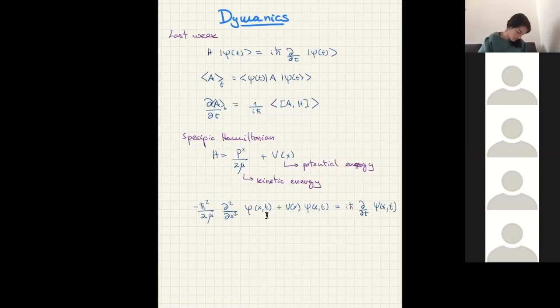So we saw that the average position evolves as p over mu, and the average momentum evolves as what we call F of x, the force, which is nothing but the spatial derivative of the potential.